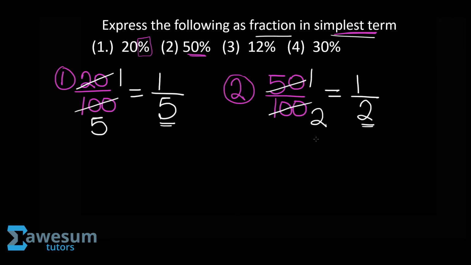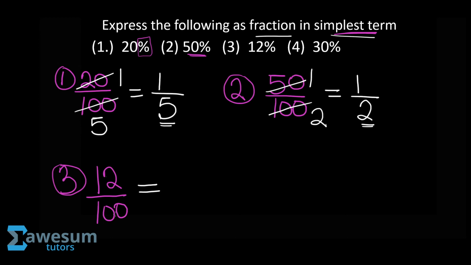Okay, if you take a look at the third question, it says 12%. 12% is the same thing as 12 over 100, right? So now how do we solve this? We want to simplify this also, right? If you take a look very well, this is 12, this is 100.